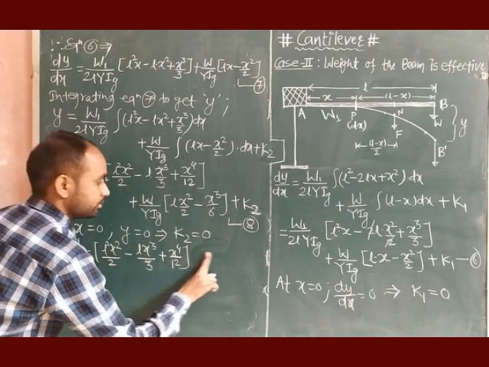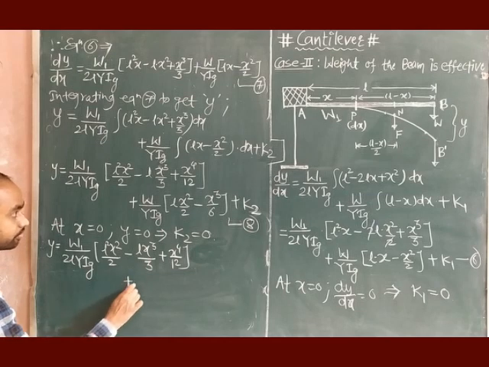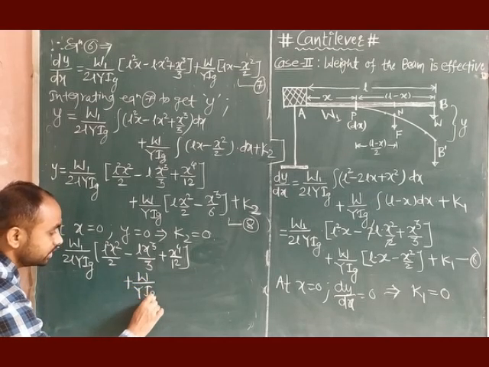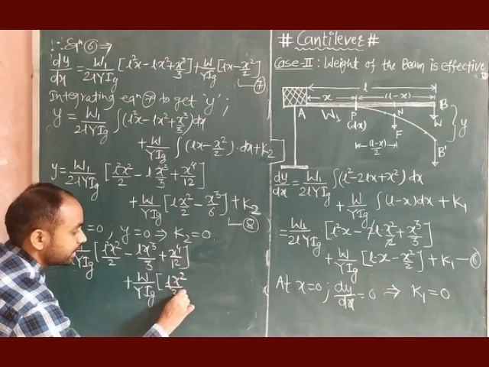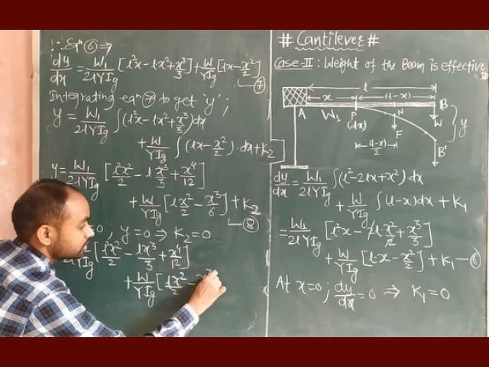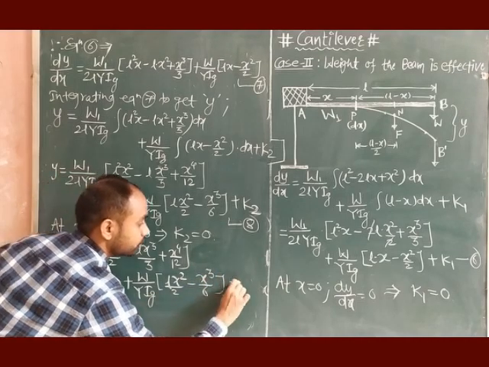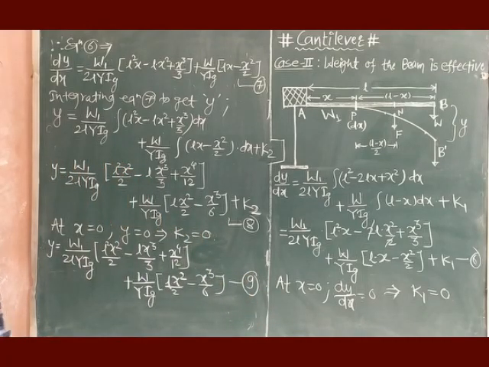Let me write the second term: plus W divided by YIG in bracket L x square divided by 2 minus x cube divided by 6, and obviously no need to write K2 because we found K2 is equal to 0. So this is the depression.